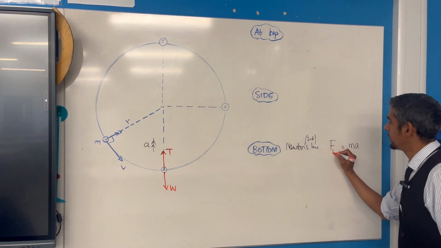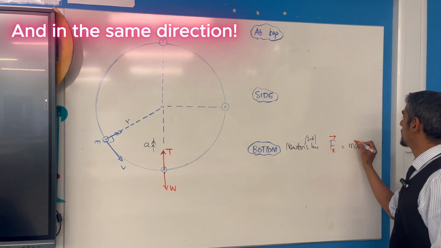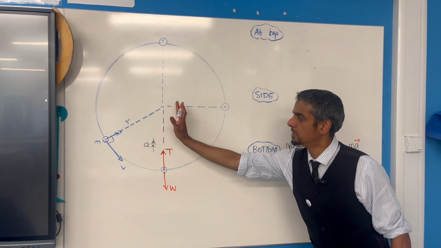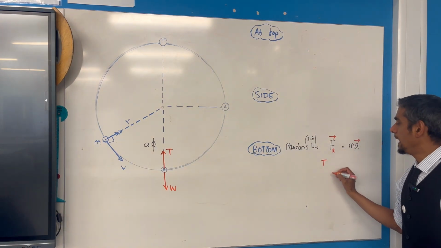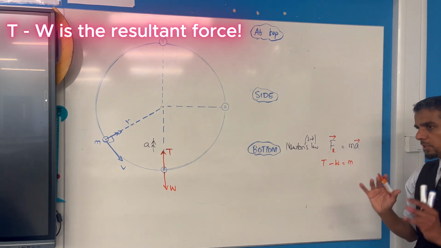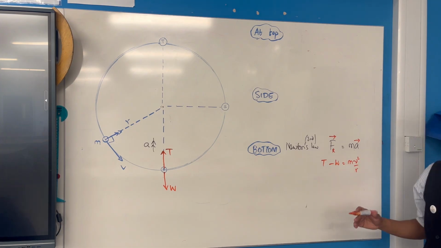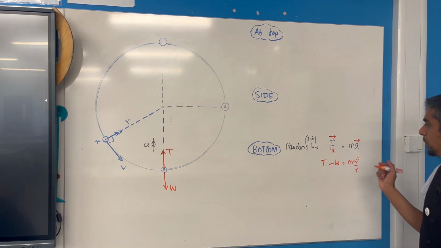And that resultant force should be in the same direction as the acceleration. So if you apply it here, the object is accelerating towards the center, T will be positive, and W would be negative. And when it's centripetal acceleration, we write that as mv squared over r. You could write that as mv omega, or you could write that as m omega squared r. They all work the same.